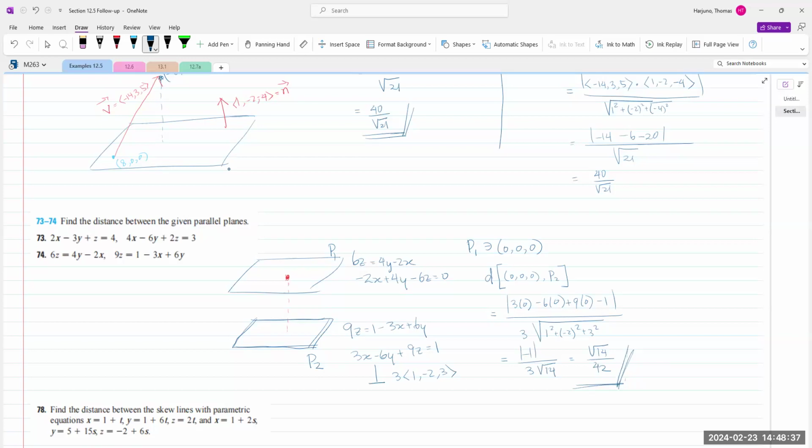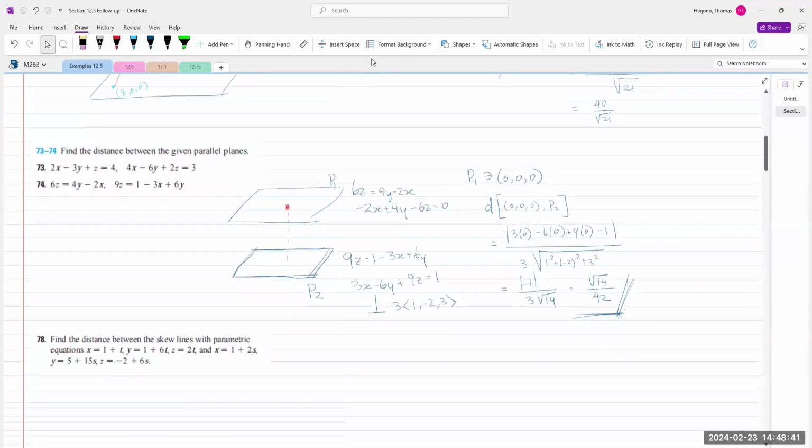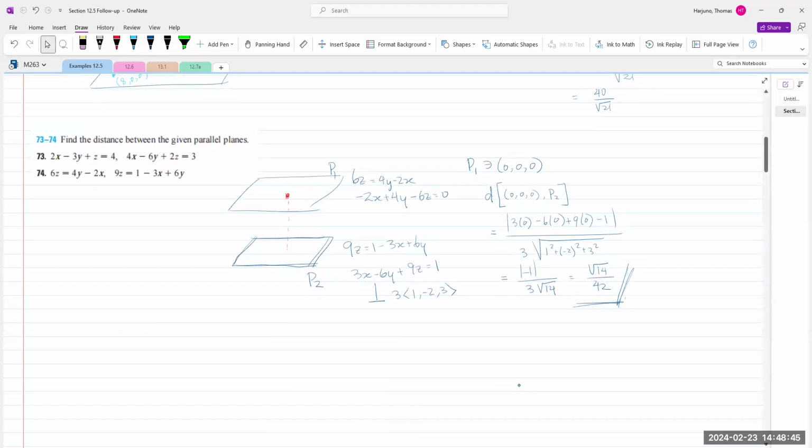Now, the formula in our textbook actually does the following. If I would like to spend some time, the second take is like this: the first plane is negative 2x plus 4y minus 6z equals 0, and the second plane is 3x minus 6y plus 9z equals, I'm sorry, equals 1.